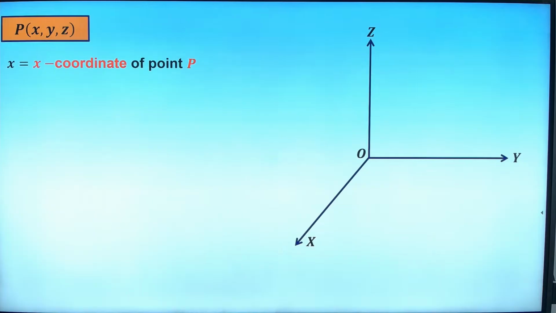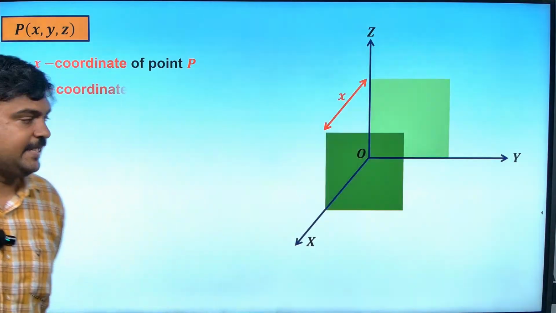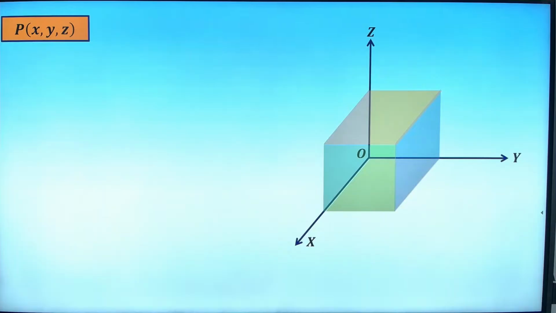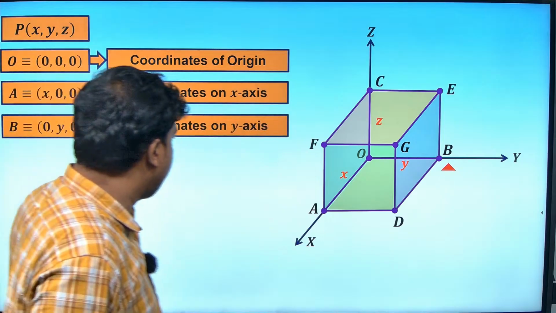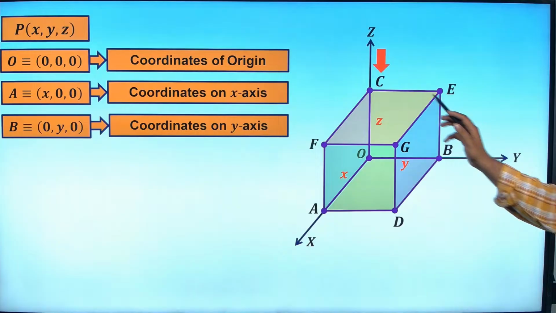So it means that if I have a point P with x comma y comma z, it means its distances from the x axis, y axis and z axis. And the distance from the planes. In two dimensions, we say how far it is from the x axis and y axis; here it is the distance from the planes. So 0 is called the coordinate of origin, and if we have x comma 0 comma 0, it is on the x axis.